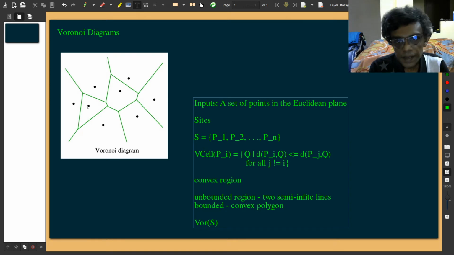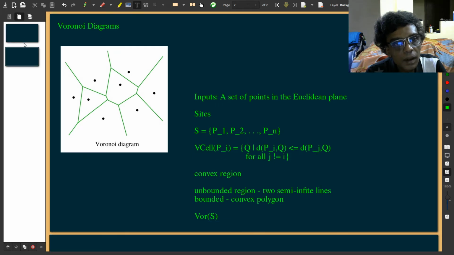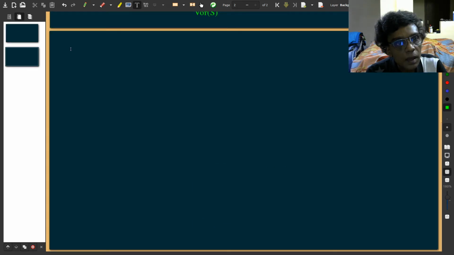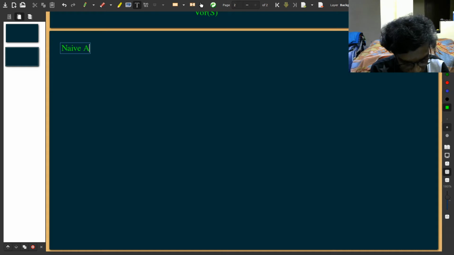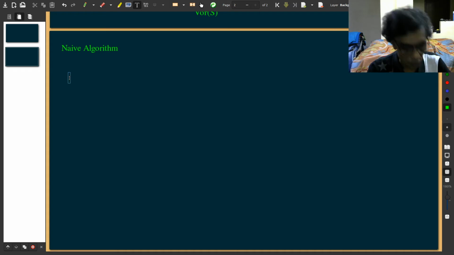Now, given this definition, I can have a naive algorithm which works as follows. Once again recall that, let me write by hand.